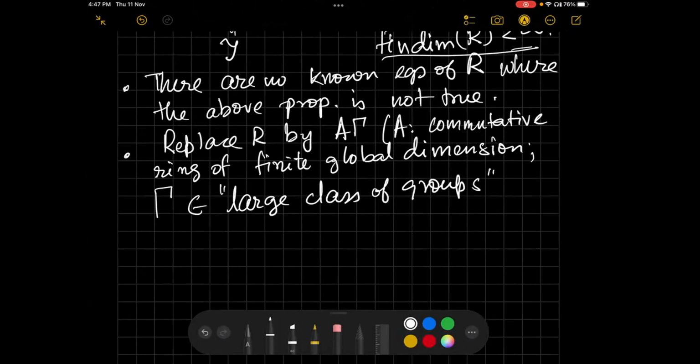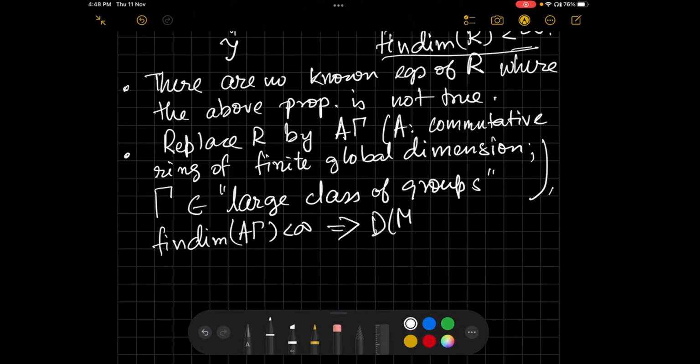I will show that in this setting, of course Aγ need not be a finite dimensional algebra over a field, the finitistic dimension of Aγ being finite does indeed imply that the derived category of Aγ is generated by injective Aγ-modules.